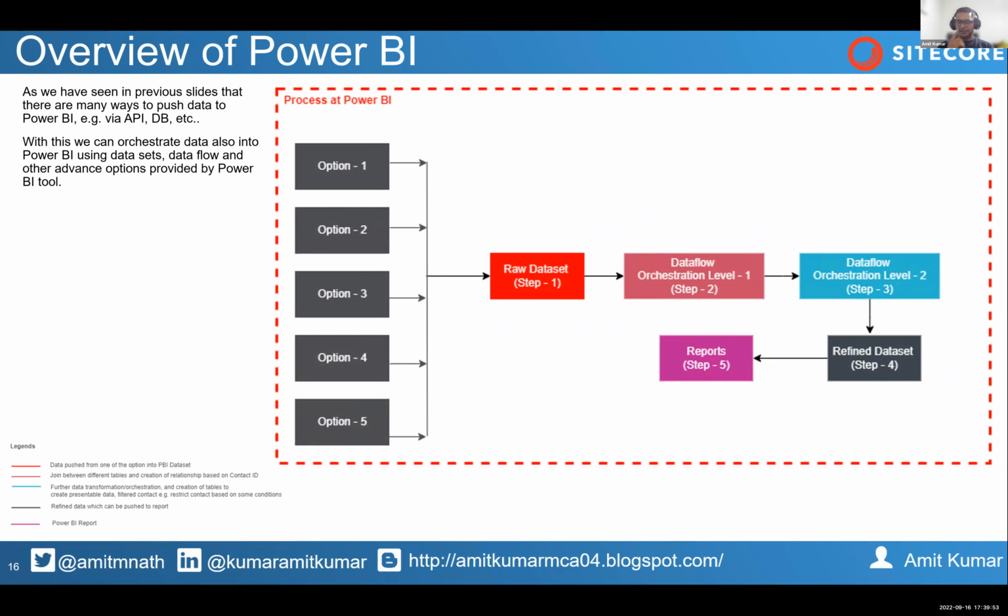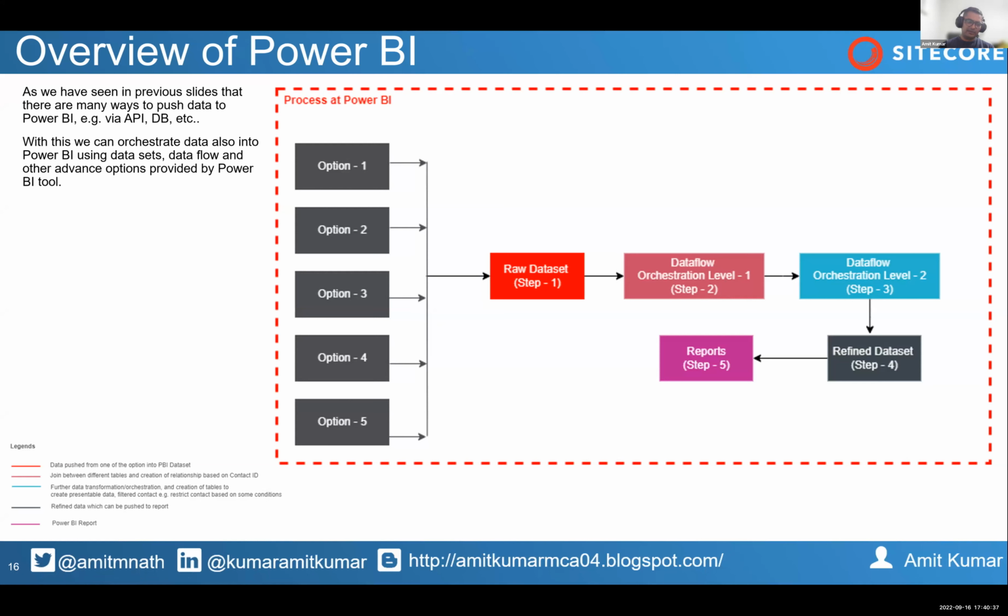In step 2 I am doing the data massaging at level 1. For example, I will only have the IDs of my goals and those things, not the display name. So I also did a data replication of my WebDB, because my WebDB has all the data related to marketing or any of my items, right? I created a relationship to identify the names of all the goals and campaigns. I also created a flat table.